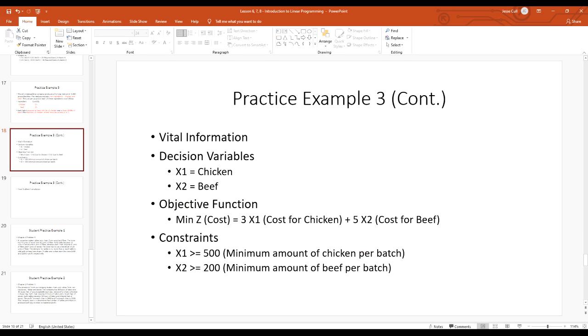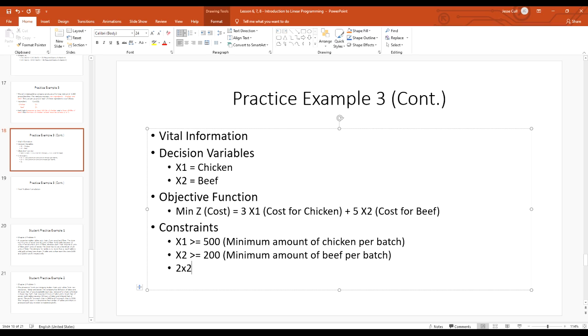We write in our constraint number 3, greater than or equal to x1. And that is the ratio of chicken per batch to beef per batch.